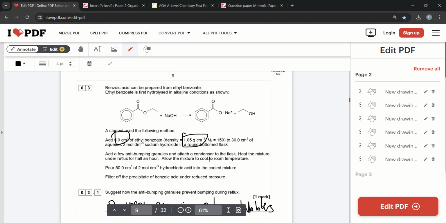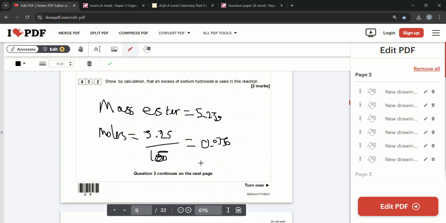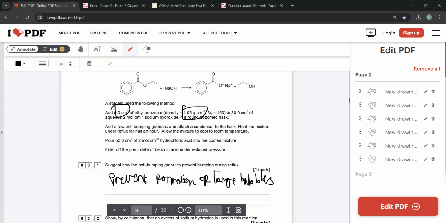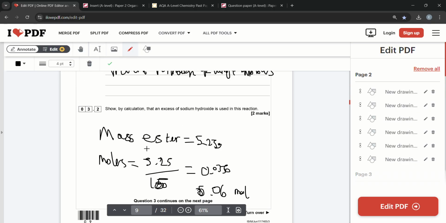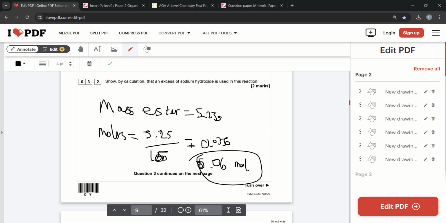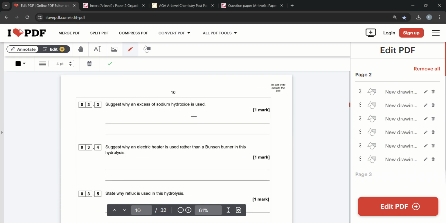But the amount of sodium hydroxide is 0.06, just by doing 30 times by 2 divided by 1000, concentration and volume. So therefore, sodium hydroxide is in excess in this reaction. So excess of sodium hydroxide is needed to ensure that all the ester reacts.